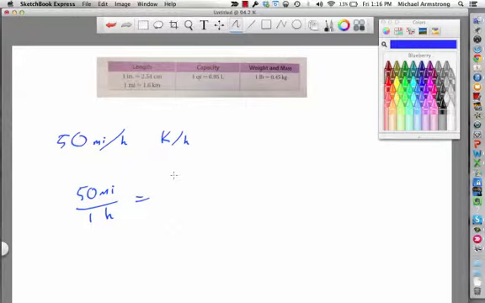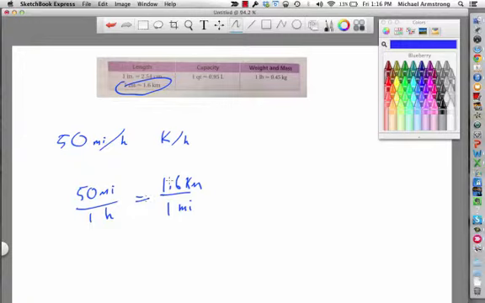So we have to use our 1.6 kilometers, which is this one. We're going to change the miles first. 1 mile, 1.6 kilometers in 1 mile. So 1 mile is 1.6 kilometers.